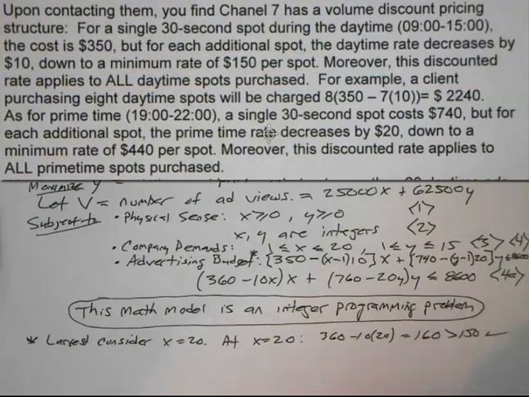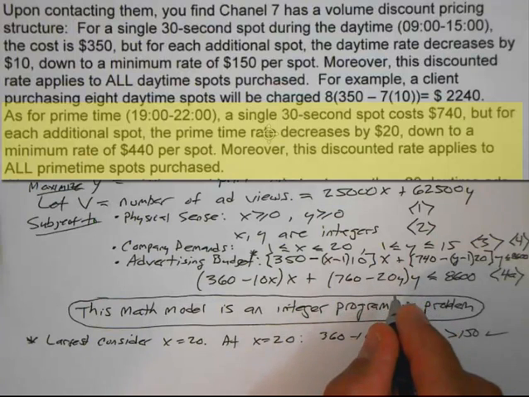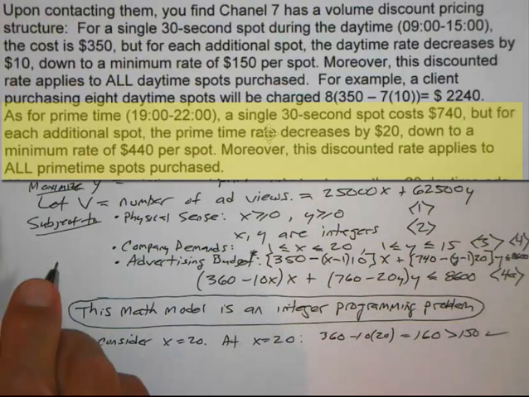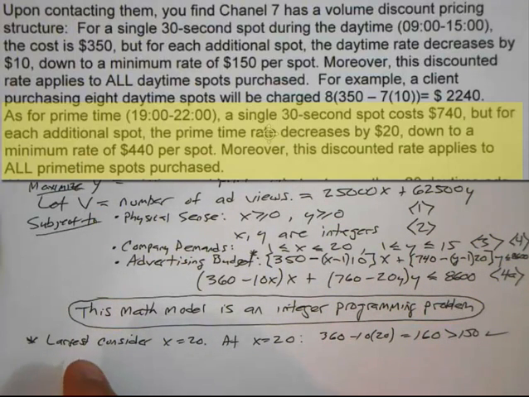Now let's also consider the situation for the rate of the primetime ads. We formulated that rate as being 760 minus 20y, but the specifications were that this is valid down to a minimum rate of $440 per spot. So what's the largest consideration for y here?